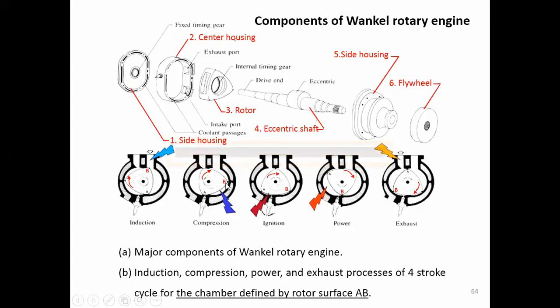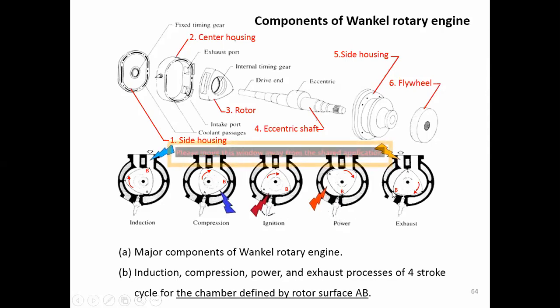And then B moves down here. This becomes a closed volume, so compression can happen as the rotor moves. Compression happens. And then when B moves down to here, this portion is already compressed, so it ignites. And then B goes down to here, it is the time for the power to release.